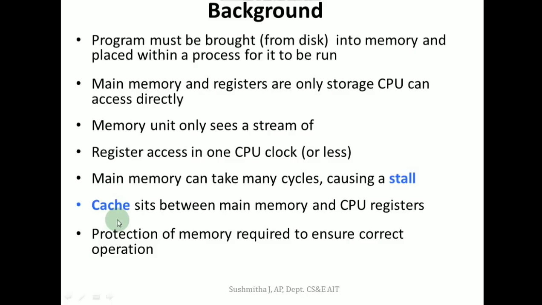Each process has a separate memory space. Probably when we addressed the introduction of process, we have seen that every process is allocated a separate memory space in the main memory. Now, there is a separate space that is allocated, but how do I ensure no other process accesses that space?